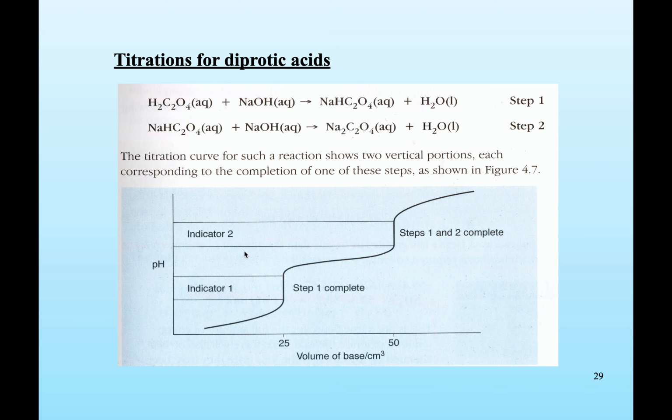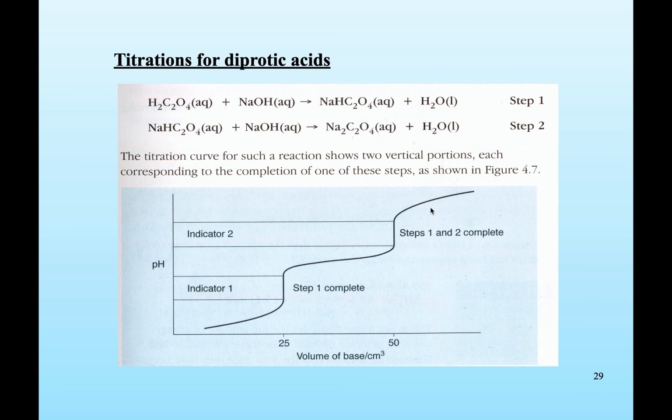Then the second step, if we keep adding the sodium hydroxide, we go up here, the second step is complete at this point. So the end point of the total reaction, the overall reaction, would be 50 centimeters cubed. Okay, and then the gradient goes up because it's a strong alkali and then levels off.